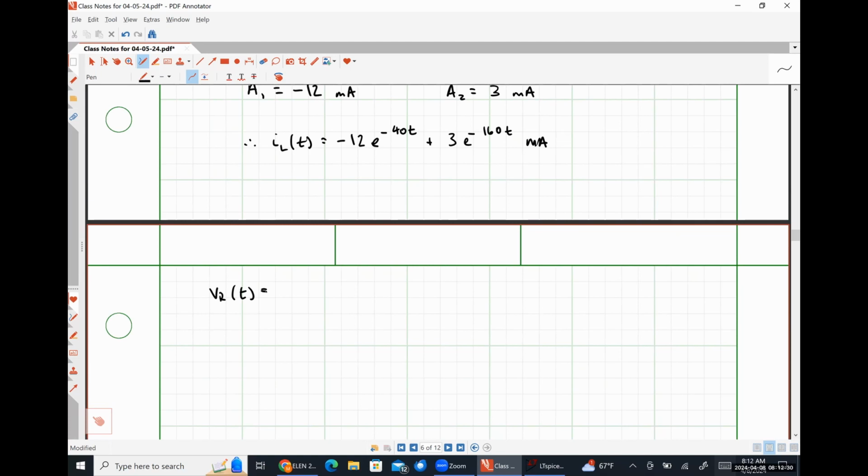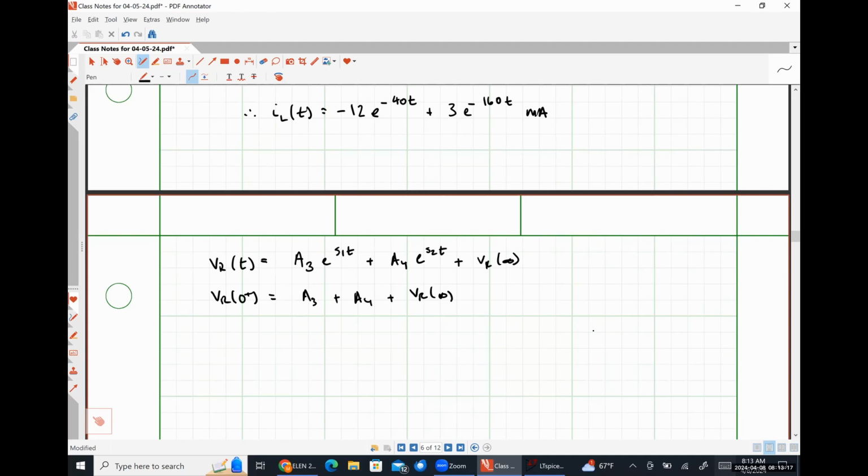We know that our resistor voltage is overdamped, so it should also be of the form, I'm going to call this, A3 e to the S1t plus A4 e to the S2t plus VR at infinity, which is going to wind up looking like, at t equals 0 plus, A3 plus A4 plus VR at infinity. I'm not going to worry about numbers because this is about to break down anyway.